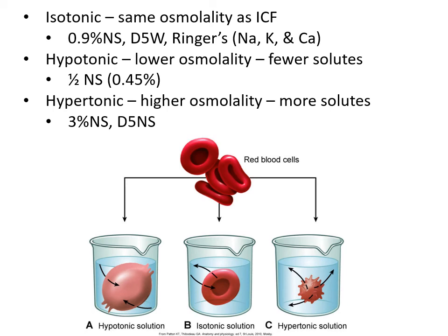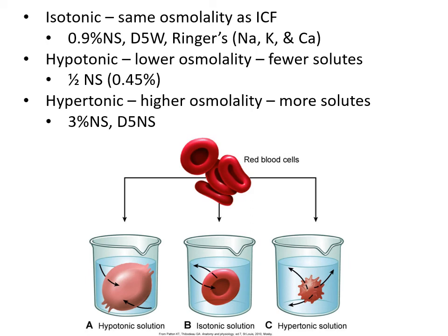D5W is considered isotonic, but D5W is just water with some sugar, dextrose. And because the dextrose breaks down and gets consumed so quickly by the body, essentially you're giving water. So D5W is considered an isotonic solution, but as soon as it's put into the body and the body breaks down the dextrose, it's essentially free water.